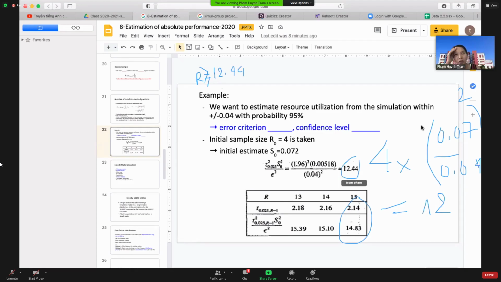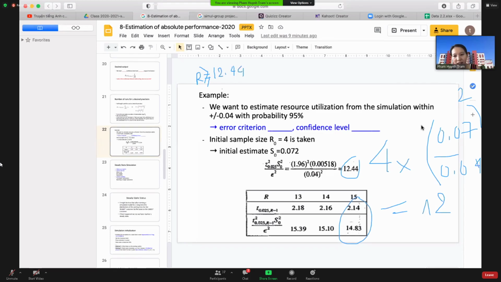So actually, after we got this number, we still have to retry again, right? Because our Z value is a rough estimation for the T value. So let's say if you just need a quick and rough estimation, then you just use the ratio that I give you.